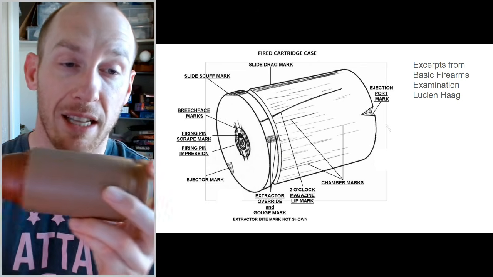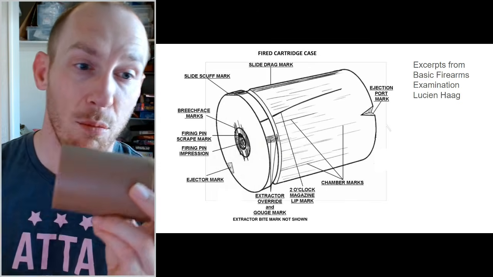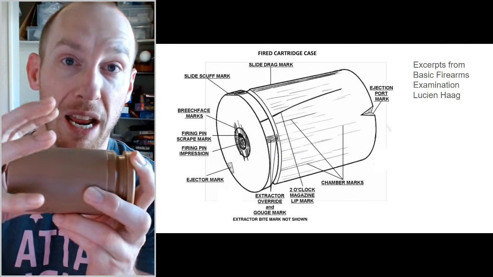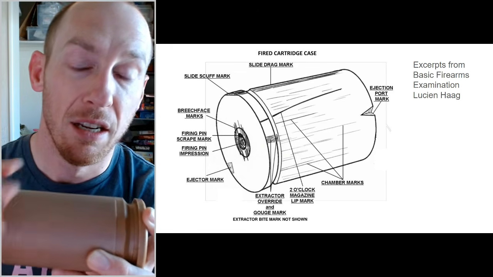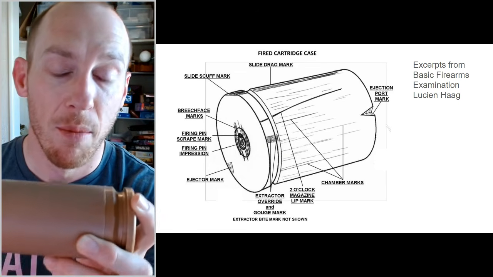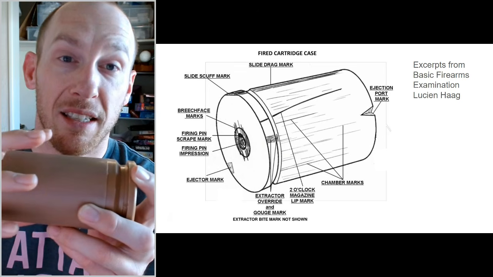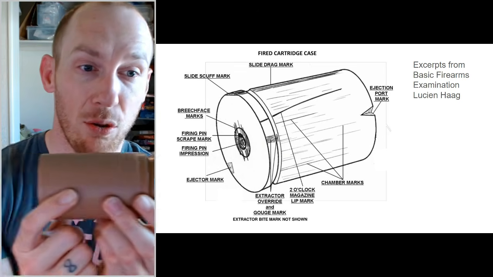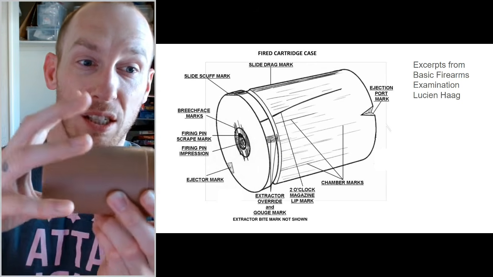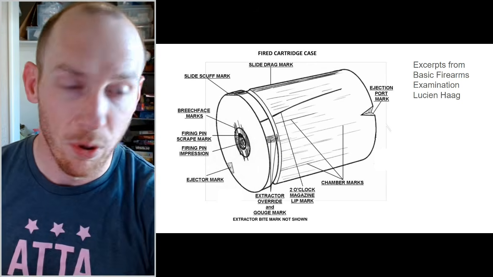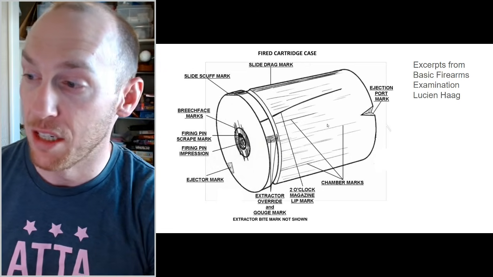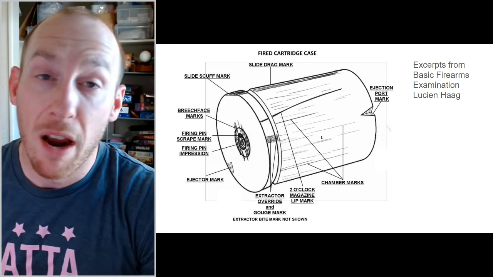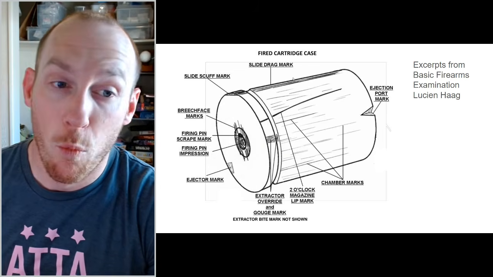The combustion inside the cartridge case pushes the bullet out, but also causes your case wall, this side portion, to expand and push against the chamber, which is part of the barrel of the firearm. As that expands, at the same time that the bullet's traveling down the barrel, the case is going to start traveling backwards. As this swells and starts to travel backwards, that's where you're going to pick up a lot of these chamber marks.